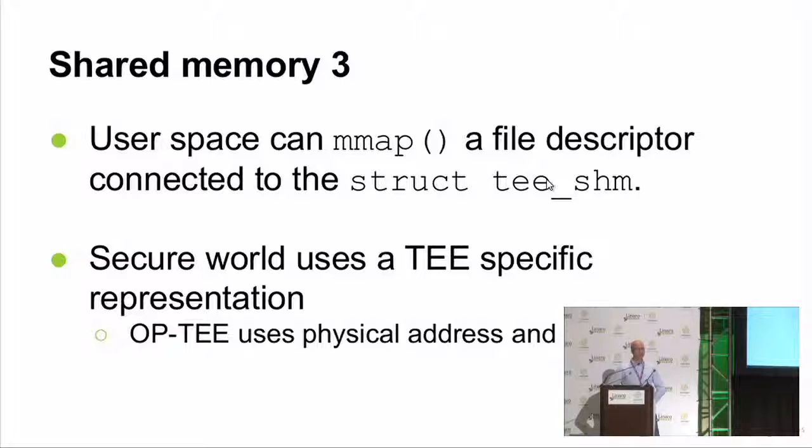It's based on physical address and length instead. The reason for that is that virtual addresses mean something different in secure world, especially in V8 systems. It's hard to connect to what normal world considers a virtual address.